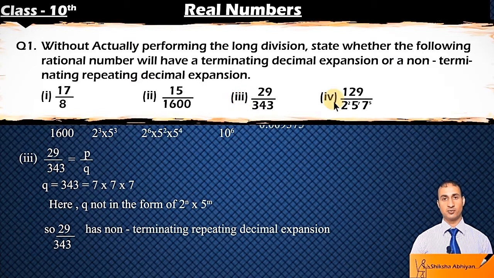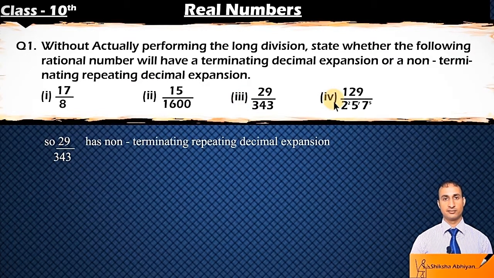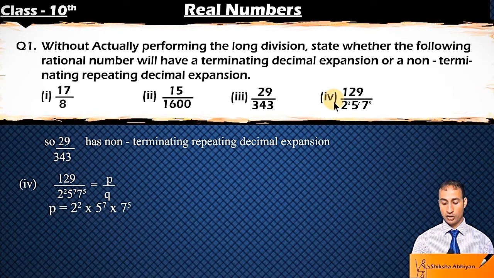Now see the next part. In this part the rational number is 129 upon 2 to the power 2, 5 to the power 7 and 7 to the power 5. That is equal to p by q. Here q is equal to the denominator 2 to the power 2, 5 to the power 7 and 7 to the power 5.